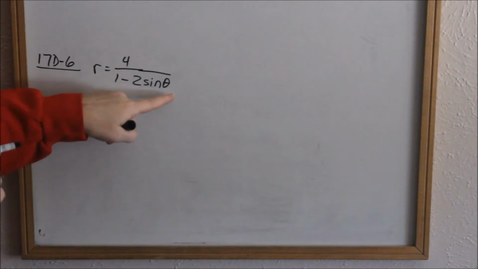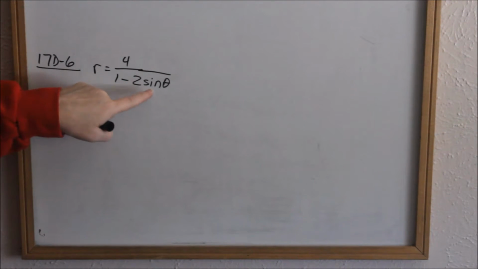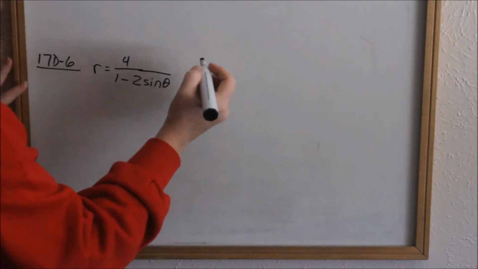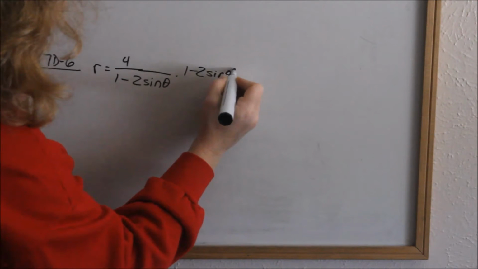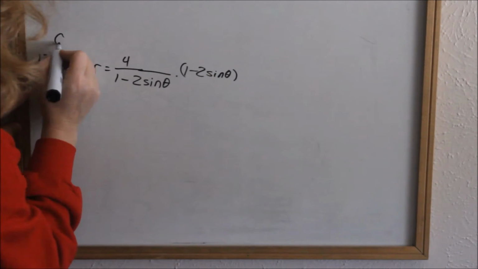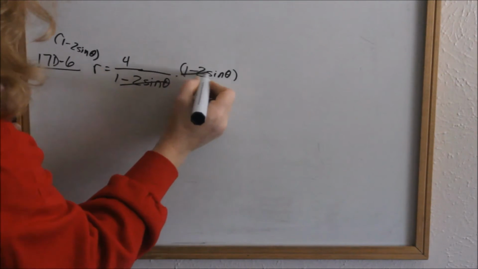If I took all of this and multiplied it to the other side, then I would be multiplying r to everything, and then I would see that I would have r times this, okay? So I'm going to get this out of the denominator and multiply it to the other side. Okay, so it cancels over here.